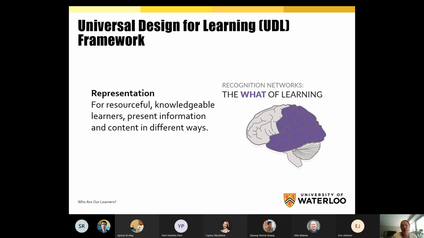So multiple means of engagement is what this particular element of the Universal Design Framework focuses on. Various ways, meaning it could be video, it could be text, it could be audio, it could be in person, it could be tactile, it could be completely silent. It can be a number of things, but to have that diversity around the representation piece.